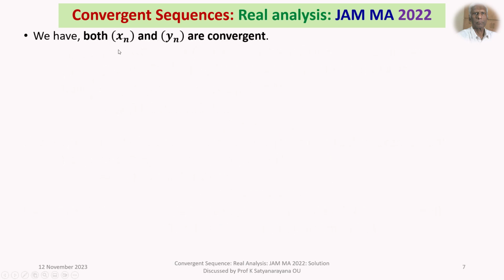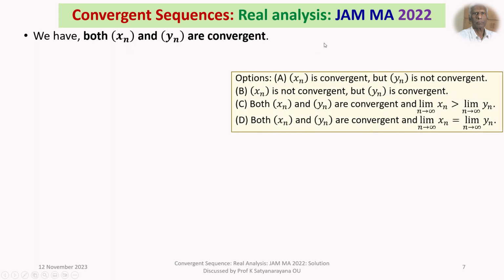So we have both the sequences, xn and yn, convergent. Let's look at our options. Option A says the sequence xn is convergent, but the sequence yn is not convergent. Option B is the sequence xn is not convergent, but yn is convergent. But here we have shown that both of them are convergent.